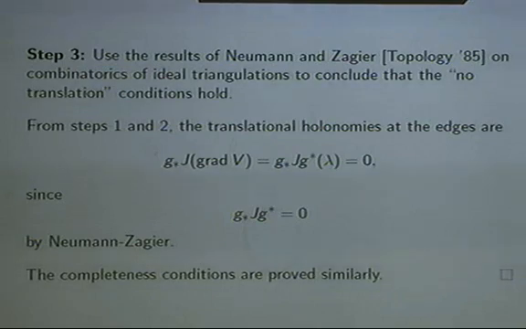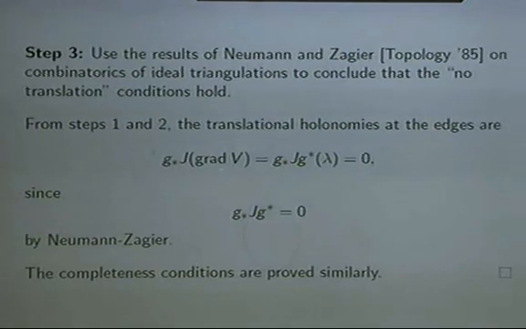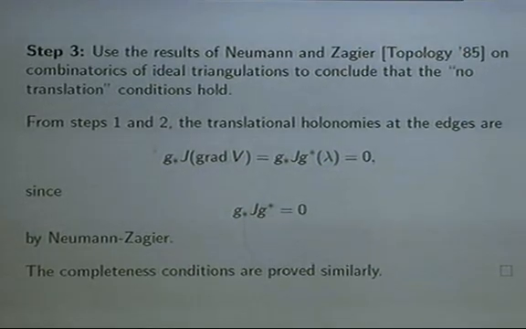So if we combine the previous steps, what do we get? From step 2, the translational holonomy is given by a vector that looks like G star times J times grad V. That gives you a vector with all the holonomies along the edges. Now from the first step, Lagrange multipliers, you can write this gradient as G upper star of lambda, using the adjoint or transpose of this matrix applied to some lambda.